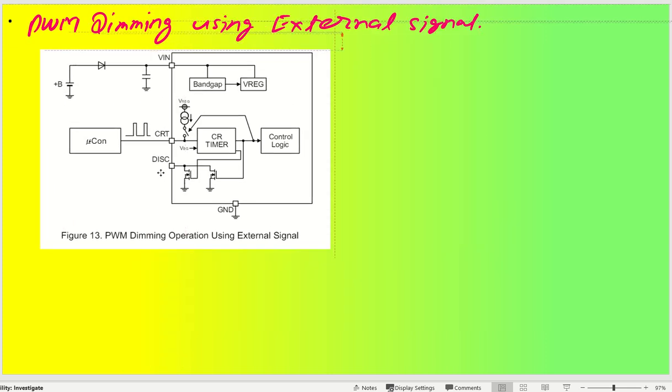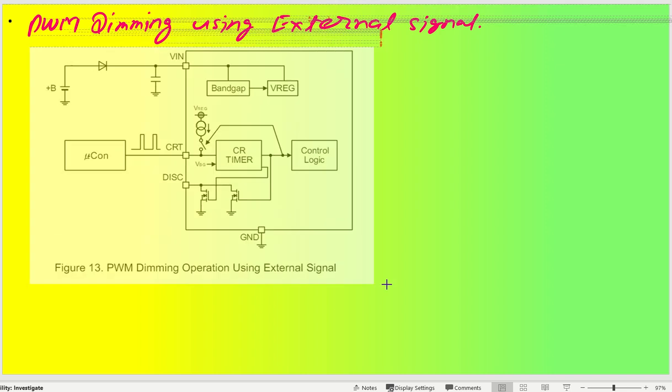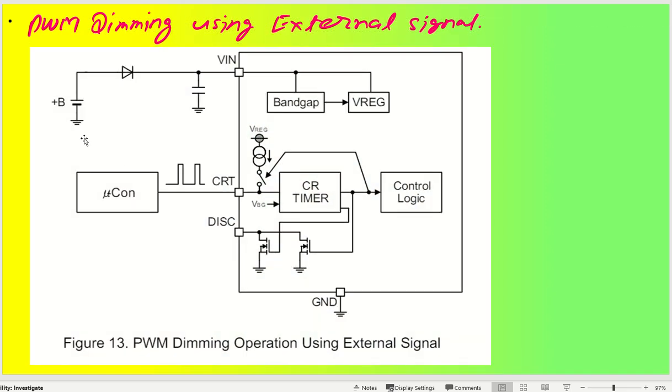Coming back to PWM dimming, using an external signal is also possible. So instead of giving the voltage supply in PWM form, you can give supply continuously, and through some microcontroller you can give one PWM pulse at the CRT pin.